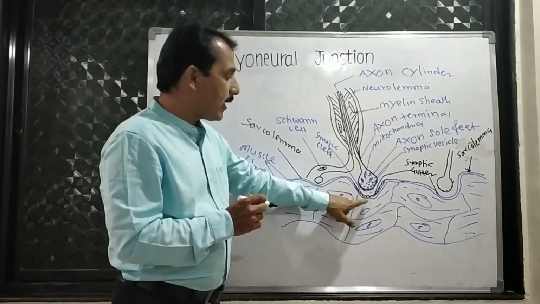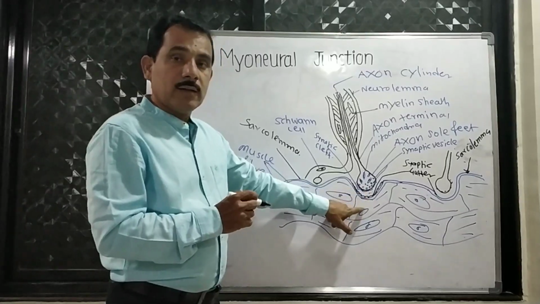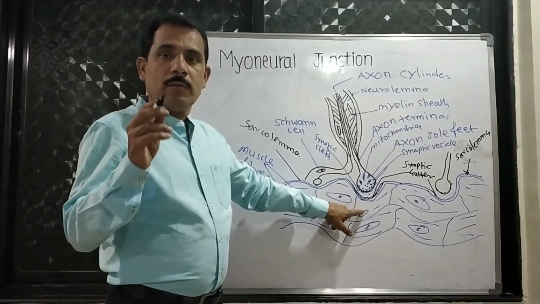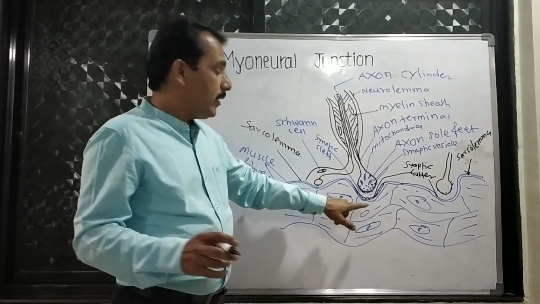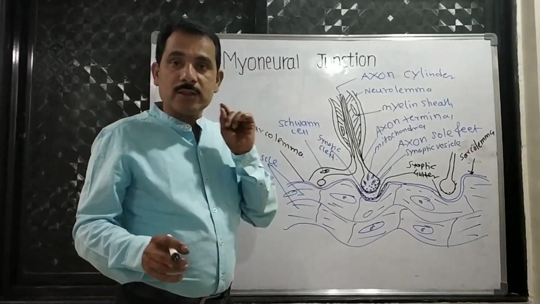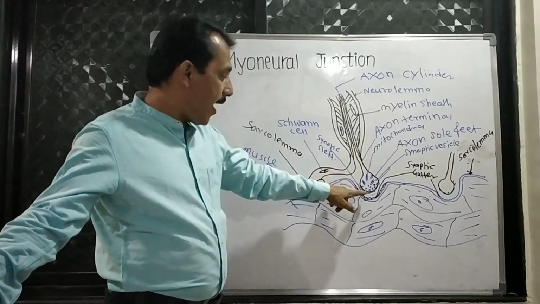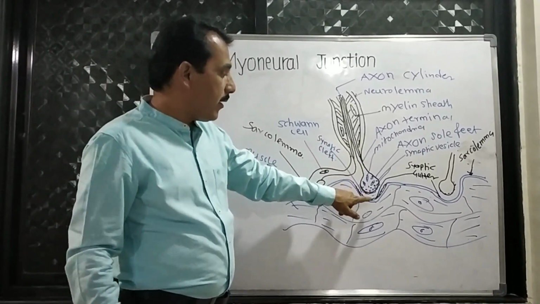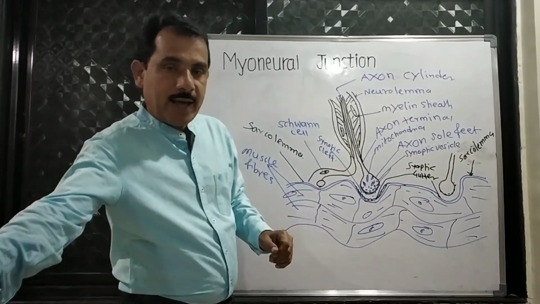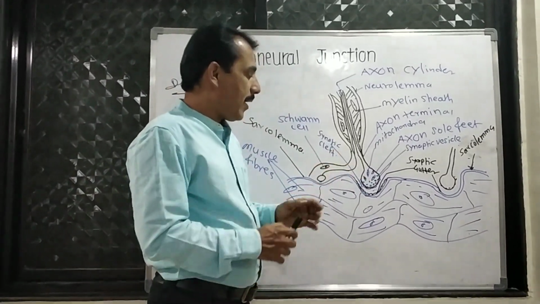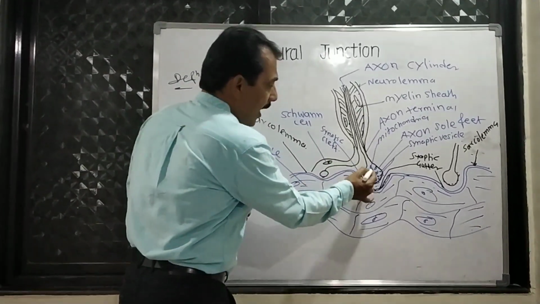Here they are not in direct contact with the sarcoplasm, isn't it? There is a space in between the sarcoplasm and the axon terminal, which is called a synaptic cleft.